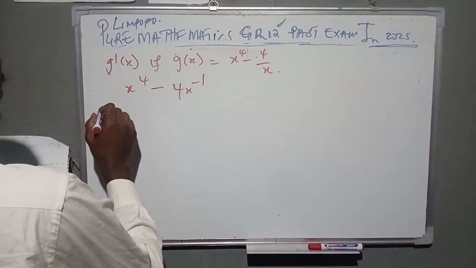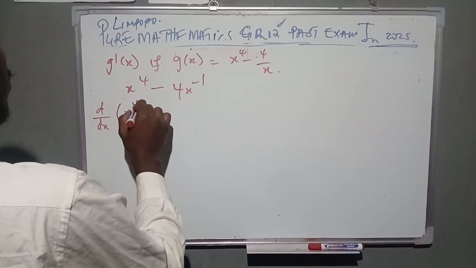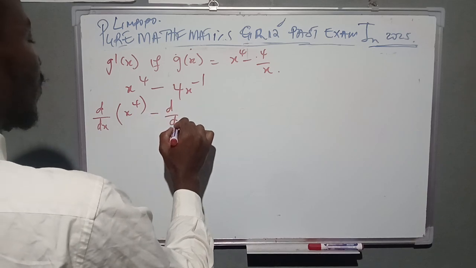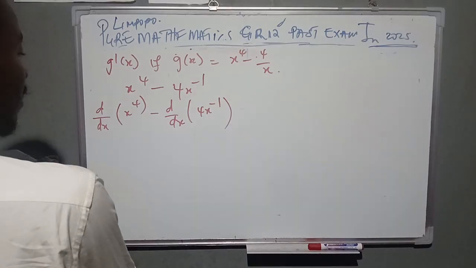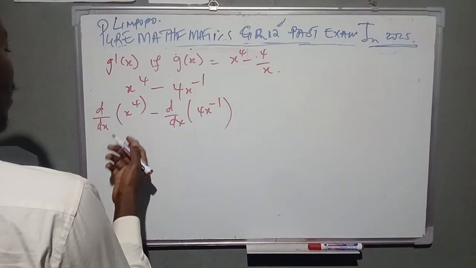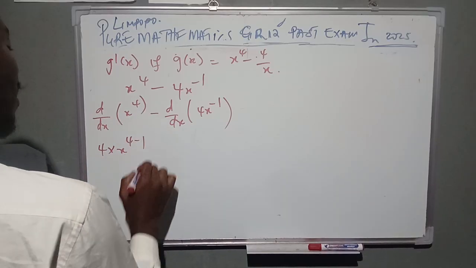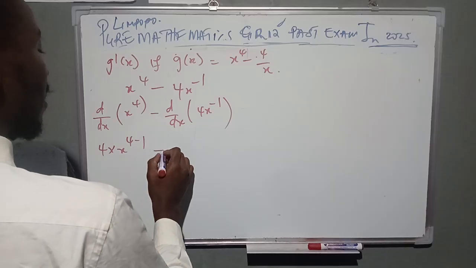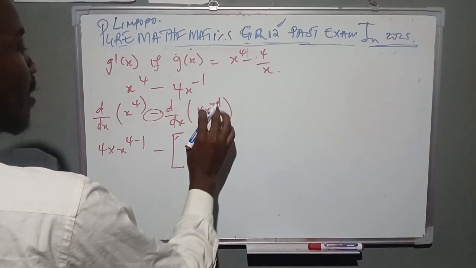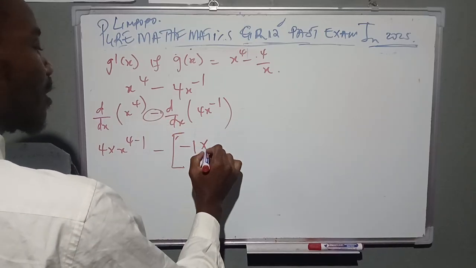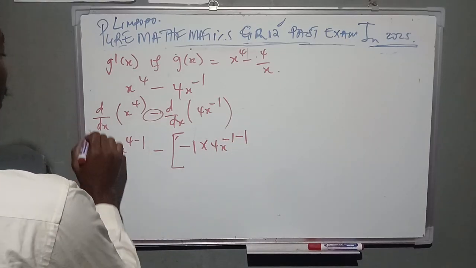Alright, so now we can say d over dx of x to the power 4 minus d over dx of 4x to the power negative 1, like that. Right, so now we can evaluate. So this is 4 times x to the power 4 minus 1, minus, right, so we already have the minus sign, so I can now say minus 1 times 4x to the power minus 1, right?